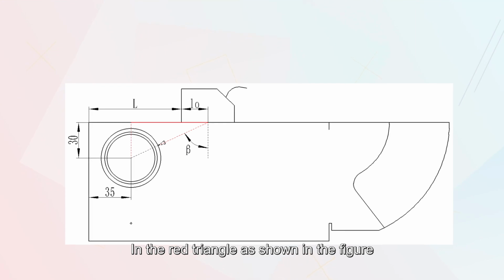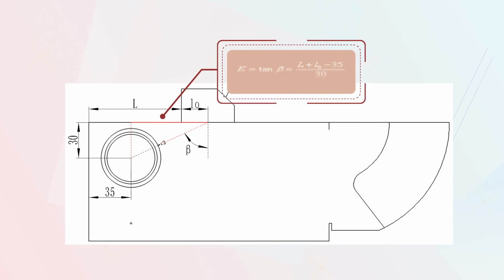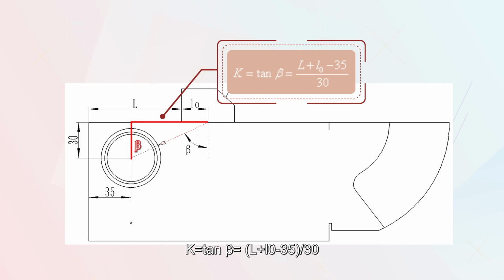In the red triangle shown in the figure, there is the following triangle relation: K = tan beta = (L + l0 - 35) / 30.